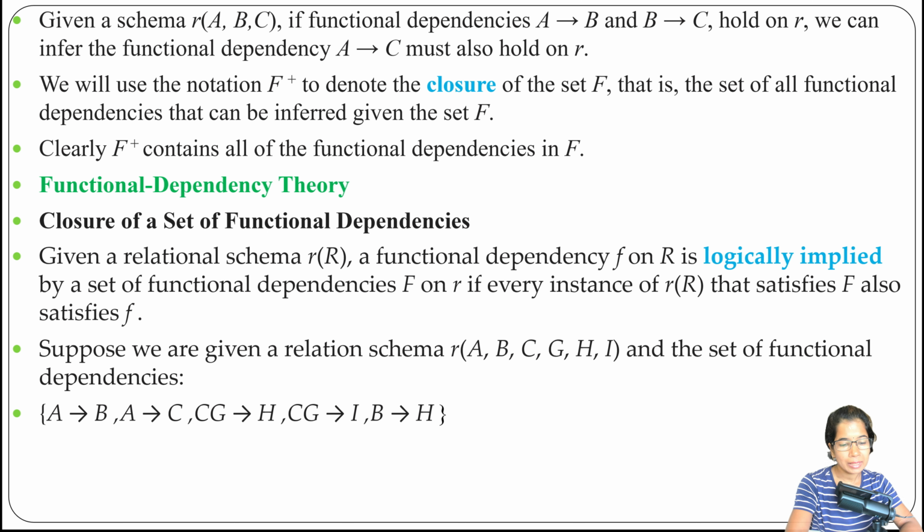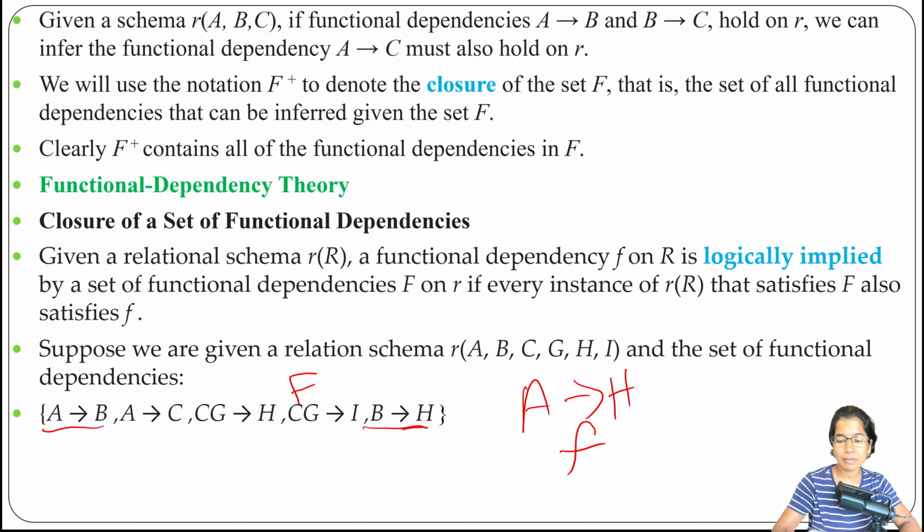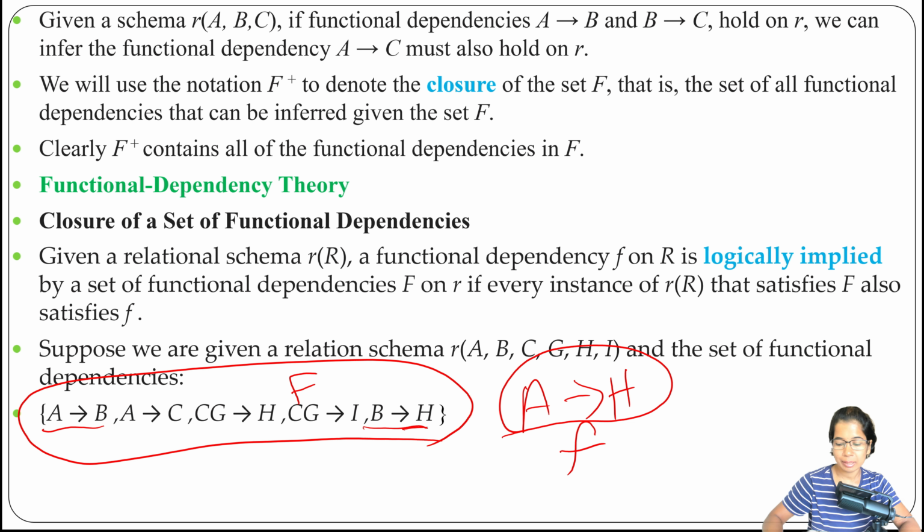Now you can see B is dependent on A, H is dependent on B. So by applying the transitive rule, we can say A implies H. This is our F set of functional dependencies. From this, we can find an additional functional dependency, that is A implies H. So A implies H is logically implied by this set of functional dependencies.